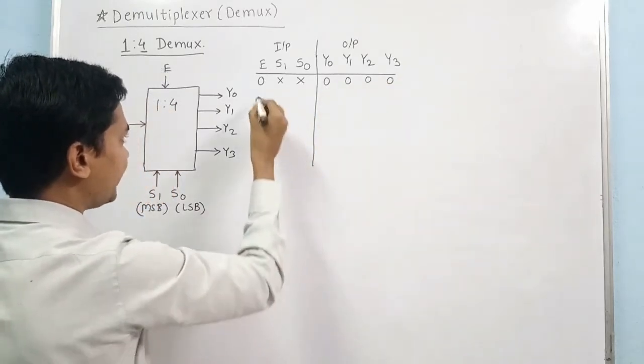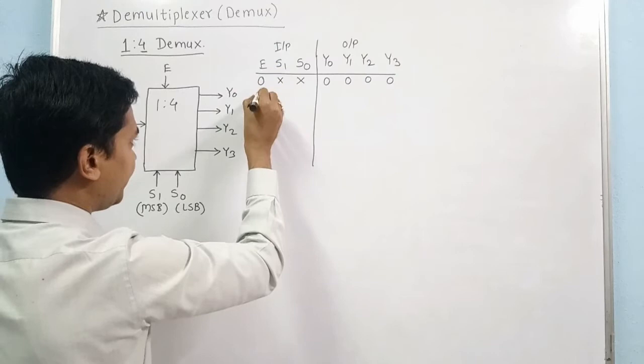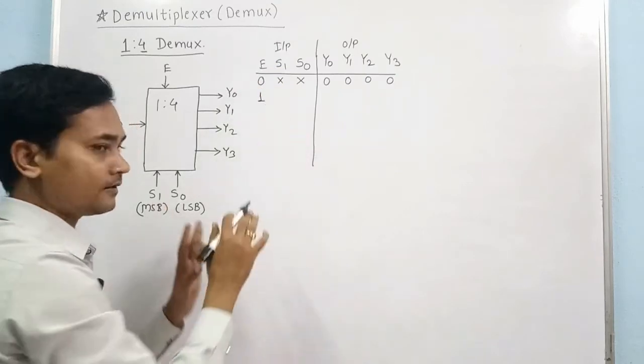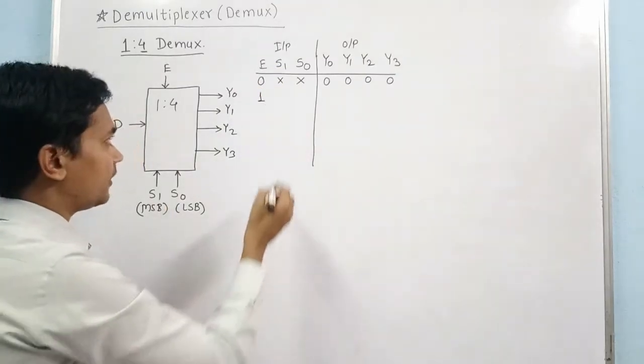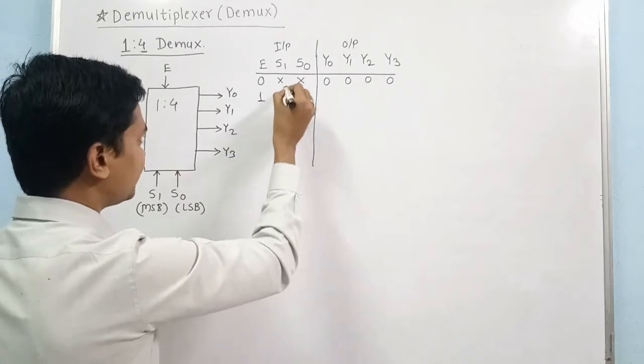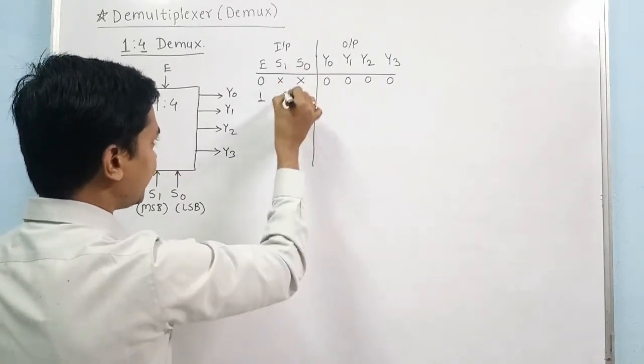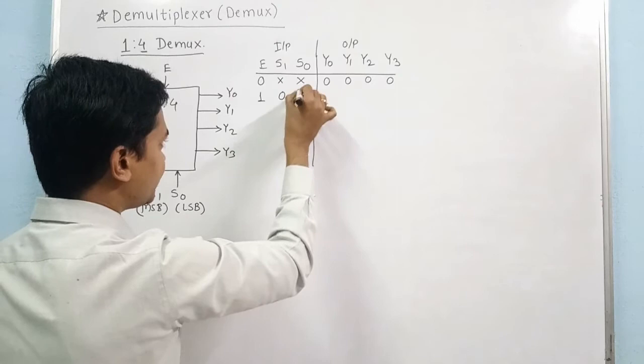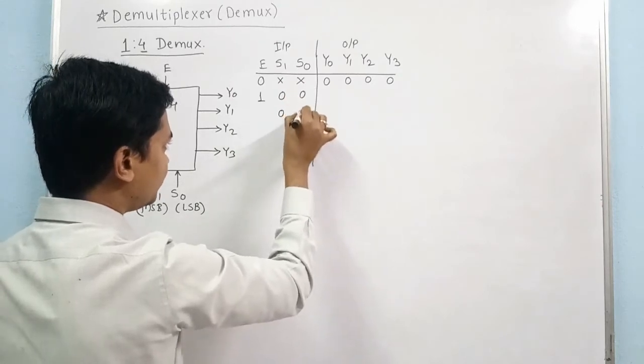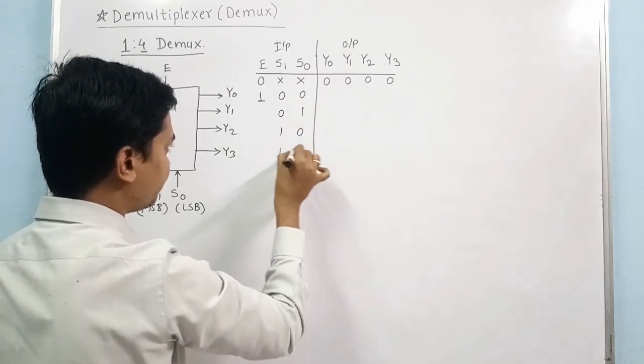Now consider that the enable line has been made 1, that means the demultiplexer is working. Then it will check the status of the S1 and S0 lines. We have the 4 combinations of 2 bits, 0 0, 0 1, 1 0 and 1 1.